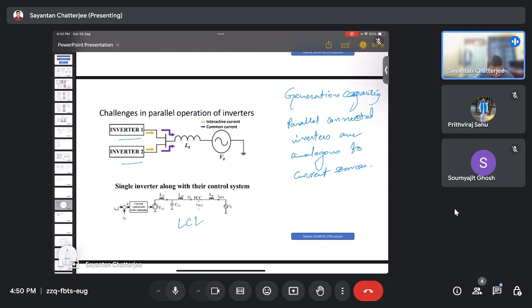The closed loop gain G1 is equal to V01 into I21, I21 divided by E into V01.